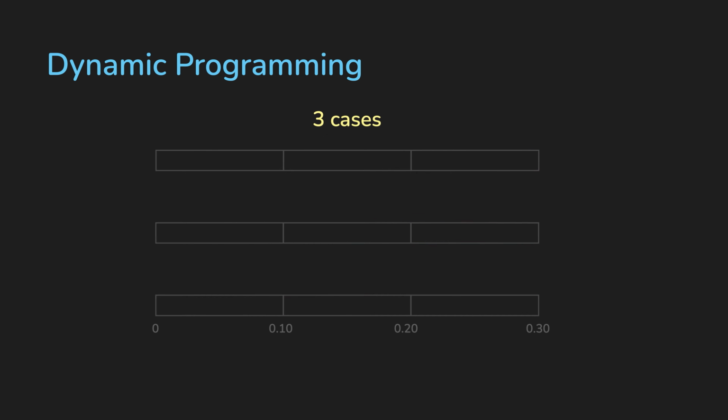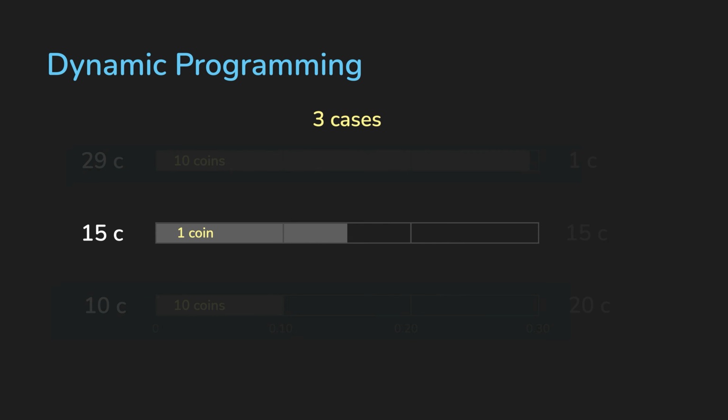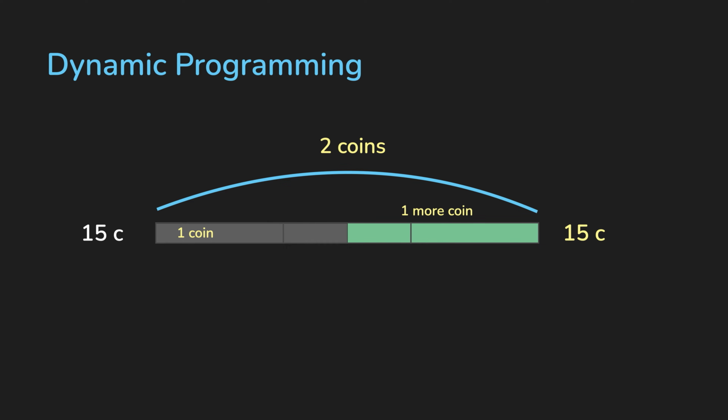So if you know the minimum number of coins to make 29, 15, and 10 cents, then just pick the case with the smallest amount of coins and add 1, which is the last coin that you'll add to your total, and that will be your answer to make 30 cents. This will prevent us from picking a non-optimal coin like in our greedy algorithm.